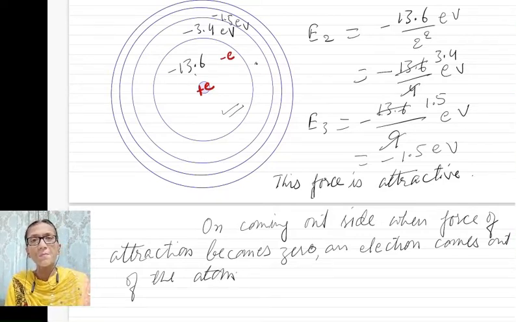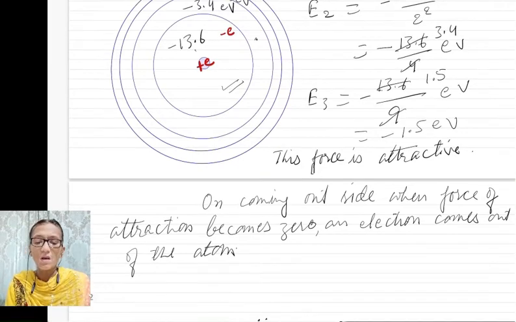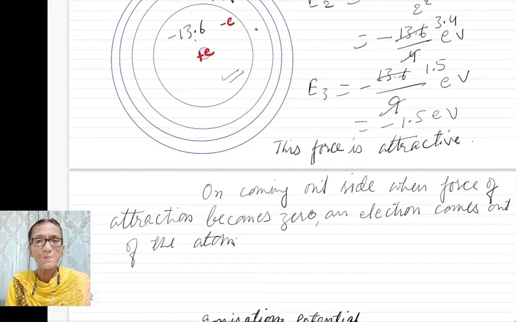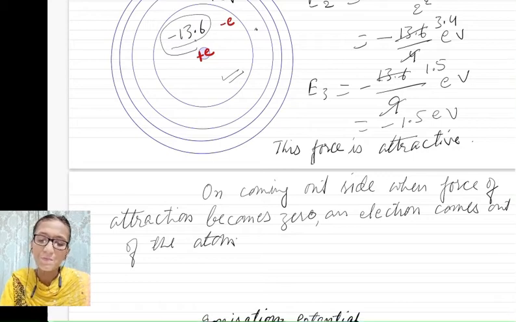So the minimum energy required for an electron to come out from its ground state must be equal to plus of this minus 13.6.